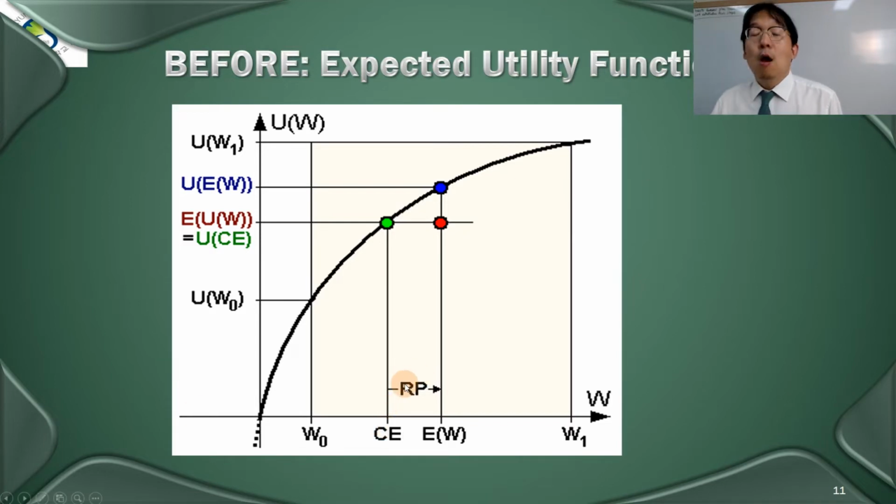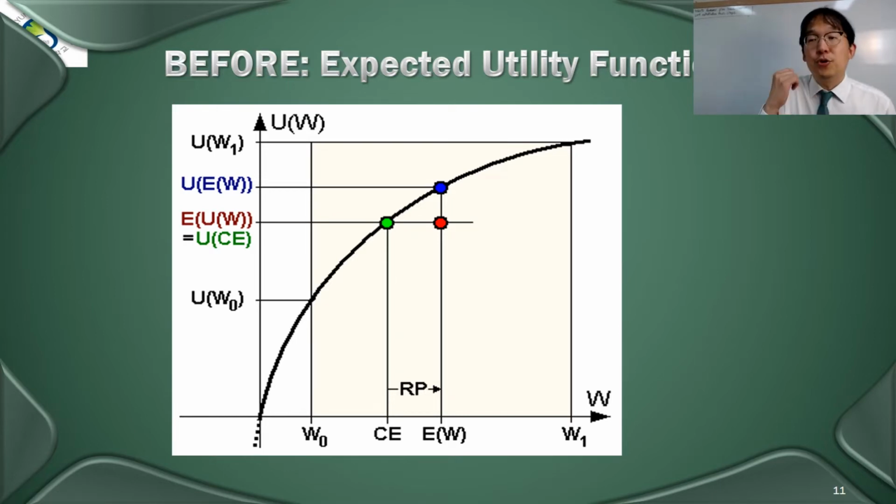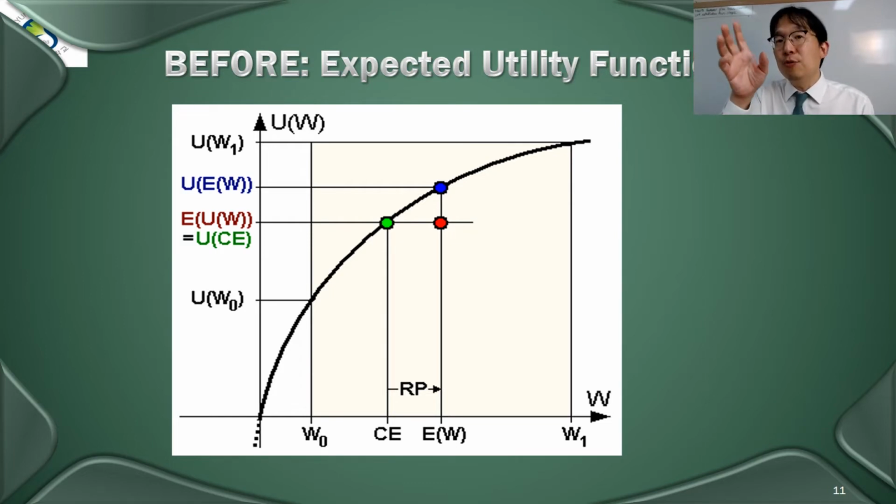The difference between your certainty equivalent and expected wealth is related to your risk premium, but this risk premium is not identical to the risk premium that I told you about in the capital asset pricing model or the multi-factor model. Those are the usual risk premiums we talk about in finance.